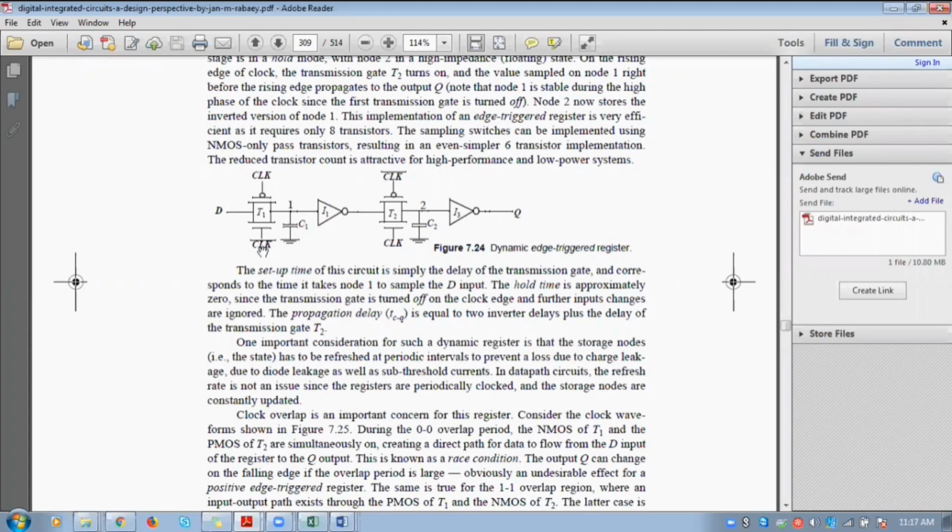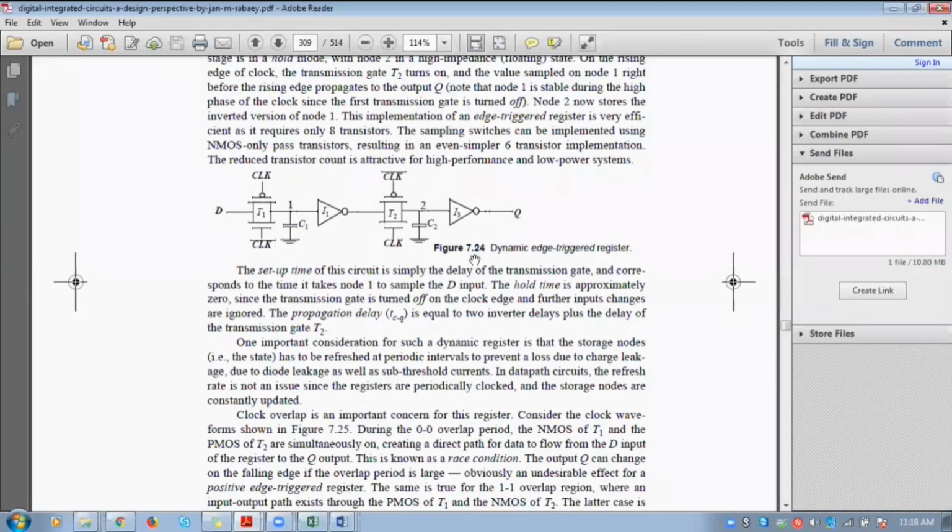So when I am changing the clock from 0 to 1, your transmission gate 1 will be off, and your master will go to hold mode, and transmission gate 2 will be on, it will go into transparent mode. So whatever D value sampled by T1 will be passed to output by transmission gate 2.